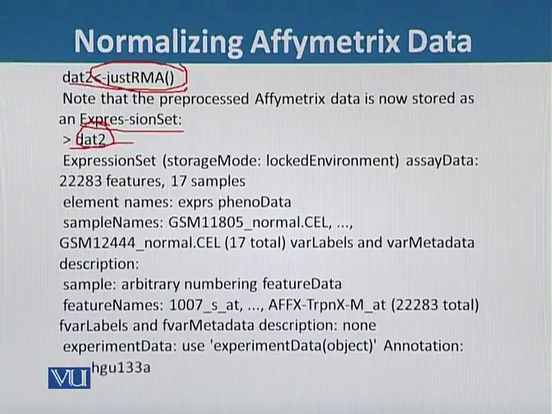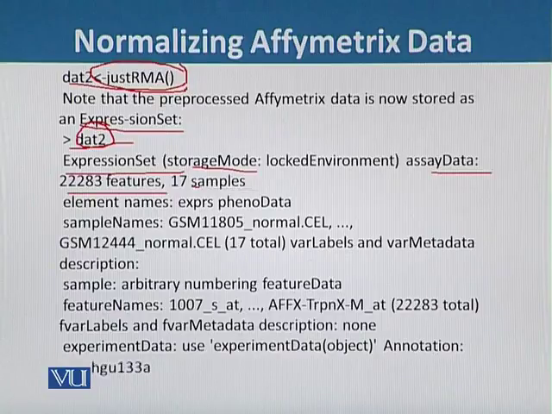Then we get the information about the data that is normalized, and we can see the details of this expression set: the storage model, assay data, features, samples, element names, sample names, and so on.